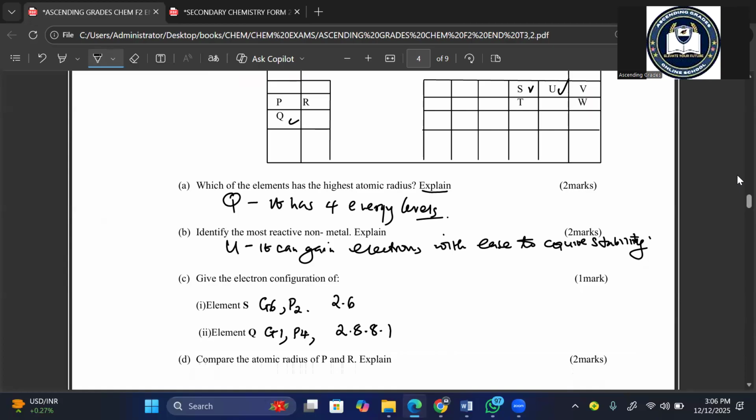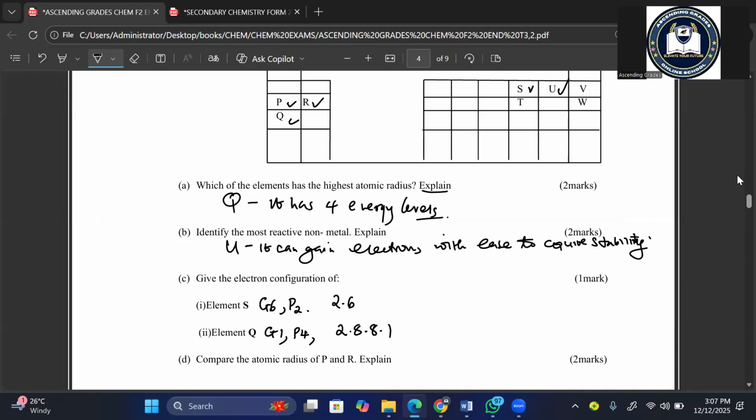Compare the atomic radius of P and R. Remember I said from the left towards the right, the atomic radii is supposed to be decreasing.